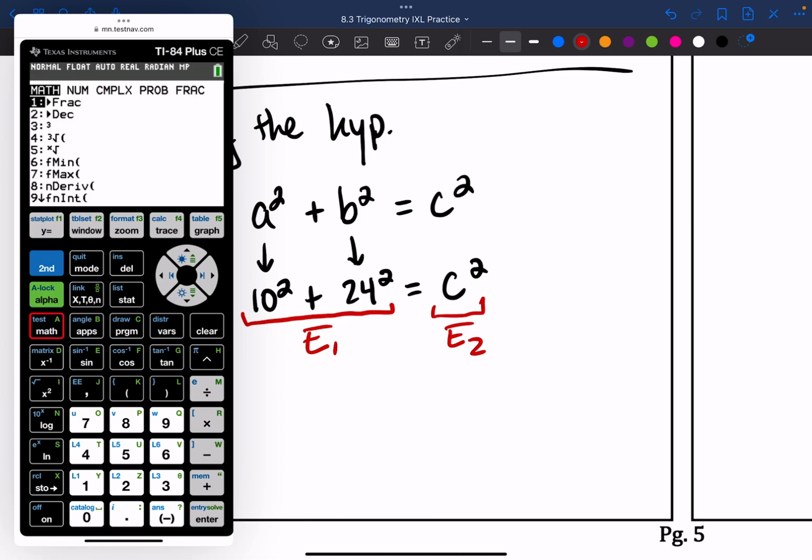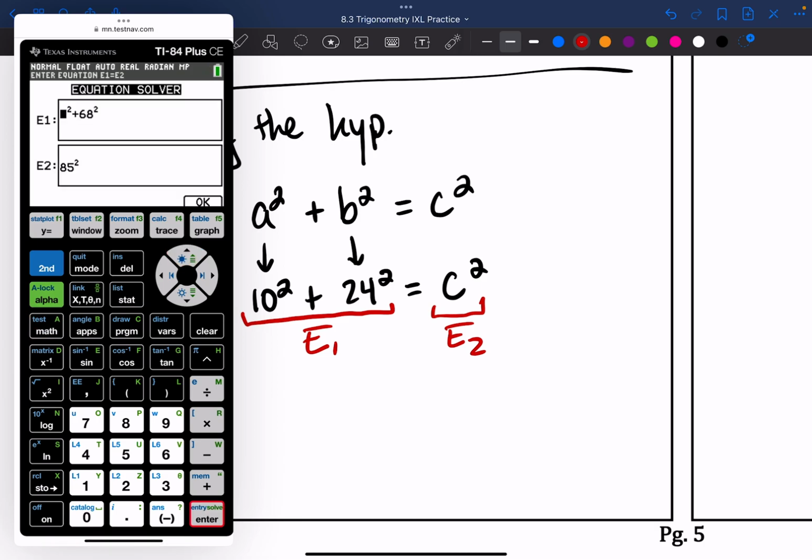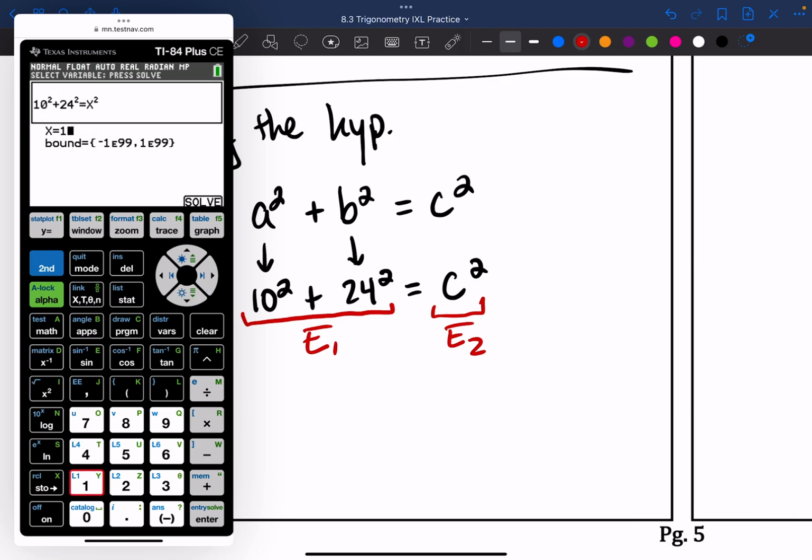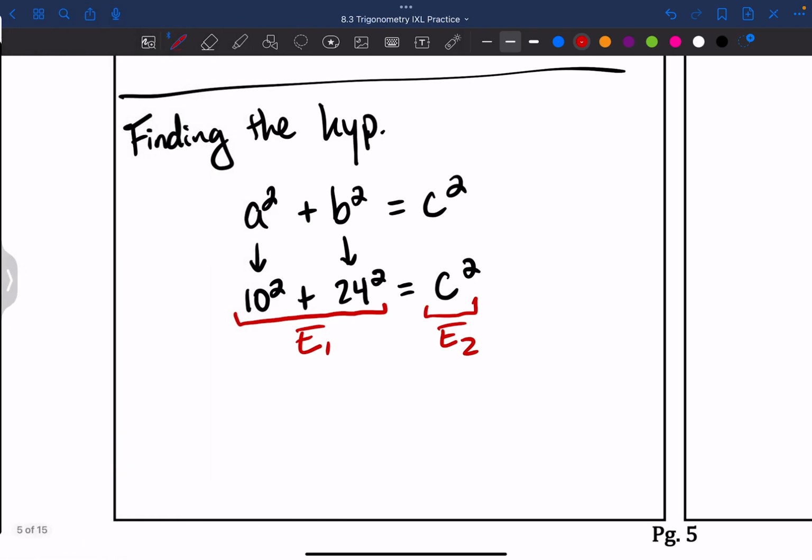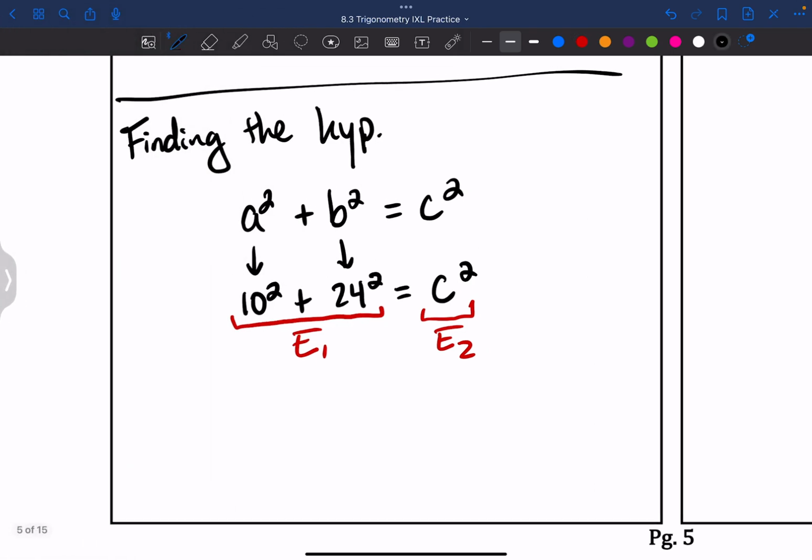Math, numeric solver. Let's do 10 squared plus 24 squared. I'm looking for my hypotenuse, so I'm going to have this one as x squared. Go down here, do 1, press alpha, enter, and I get 26. That was real quick. So C is 26.